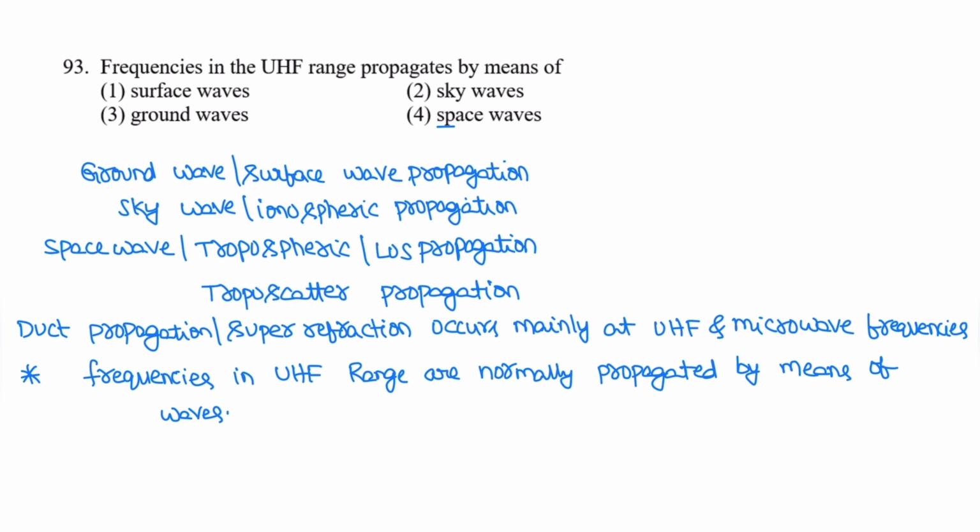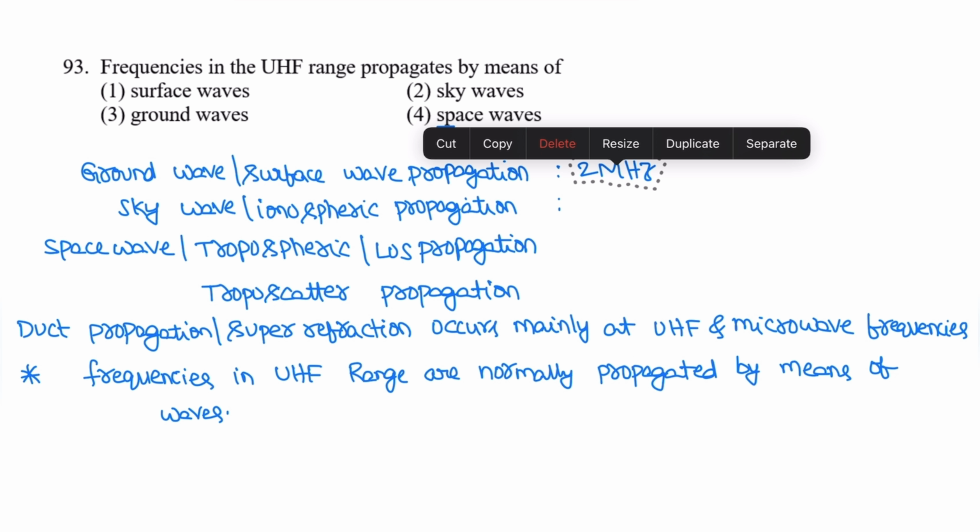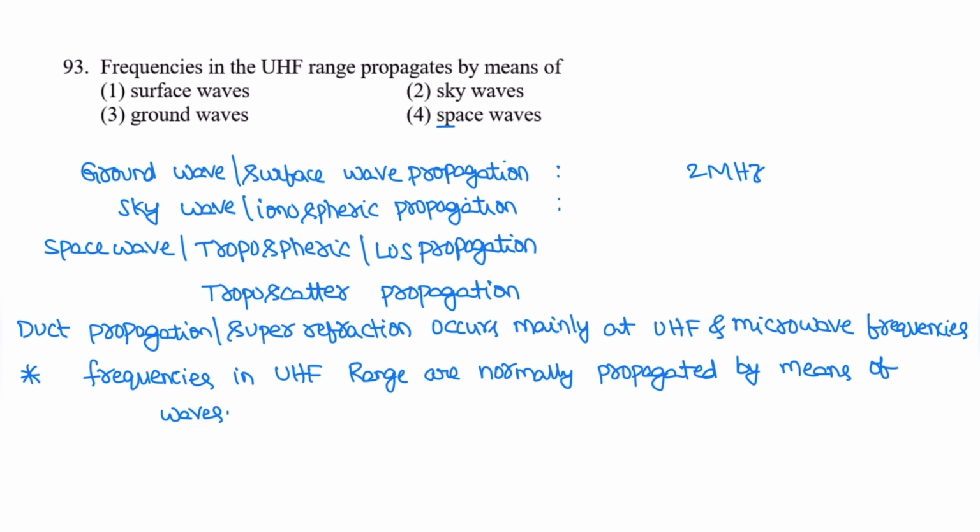So generally there are different types of wave propagation. Ground wave propagation or surface wave propagation can be used for signal frequencies up to 2 megahertz. For skywave propagation or ionospheric propagation, the frequency of operation is 2 to 30 megahertz.